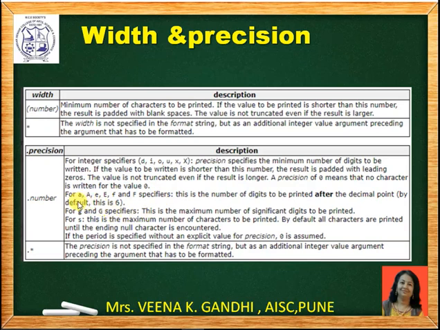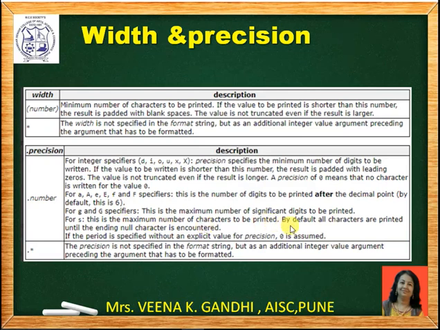Now for the type specifiers like a, capital A, e, capital E, f, and capital F, this indicates the number of digits to be printed after a decimal point. By default, it is 6 digits. For g or capital G specifier, it tells the maximum number of significant digits to be printed. For s, it specifies the maximum number of characters to be printed.